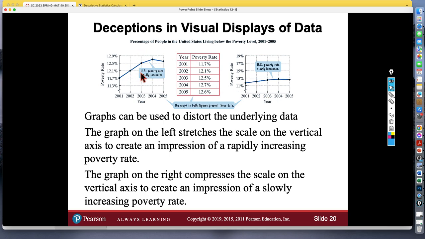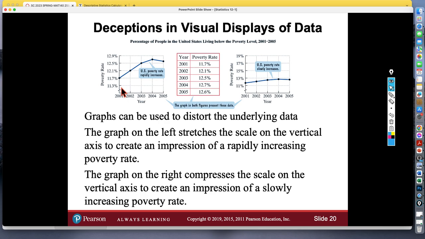Which one looks more drastic? The one to the left. Yeah, it looks like they're making it go up more, just to exaggerate it and for dramatic effect, while the actual thing that is happening is that poverty is slowly increasing. So they are just doing that with the graph to make a point.